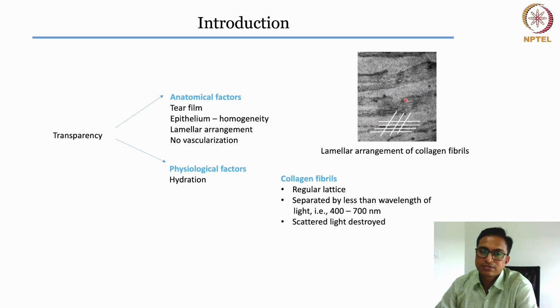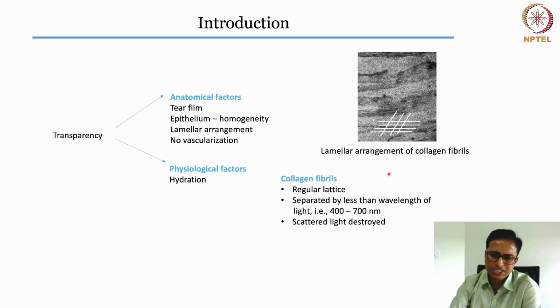Then the other physiological factor that helps in the transparency of the cornea is hydration. The endothelium maintains the osmotic balance, or the hydration, of the cornea, so that corneal transparency is maintained. Now the collagen fibers of the cornea have typical regular lattice-like structures.